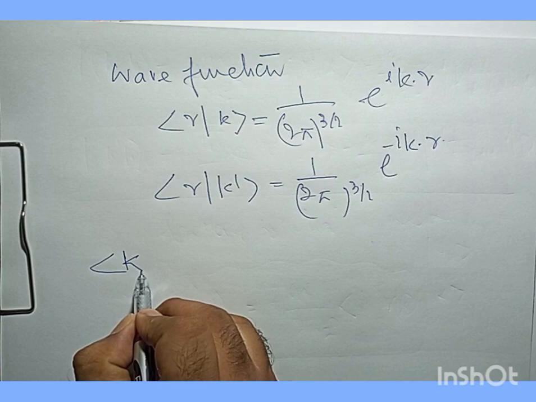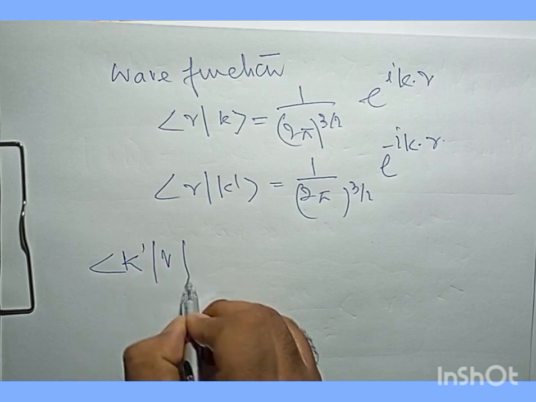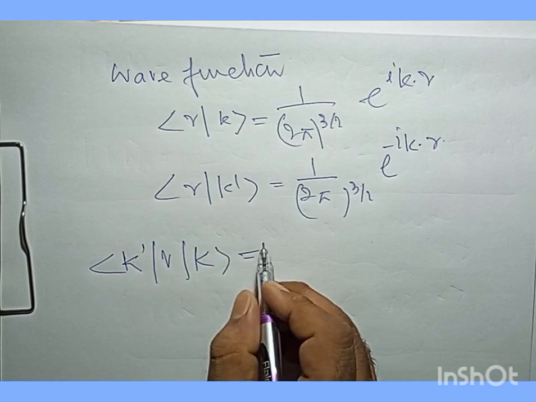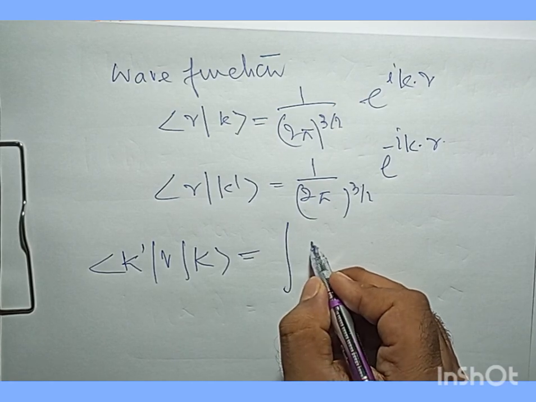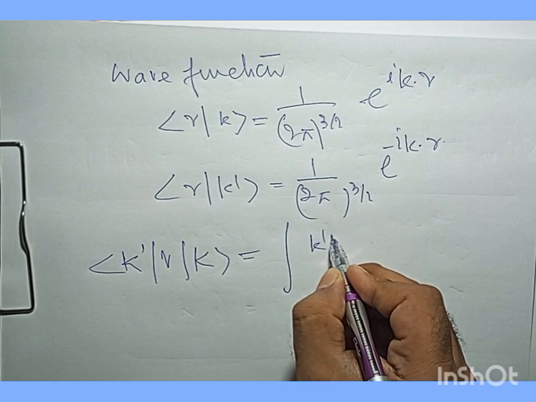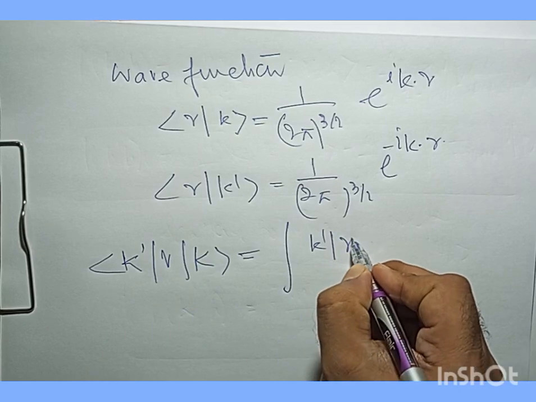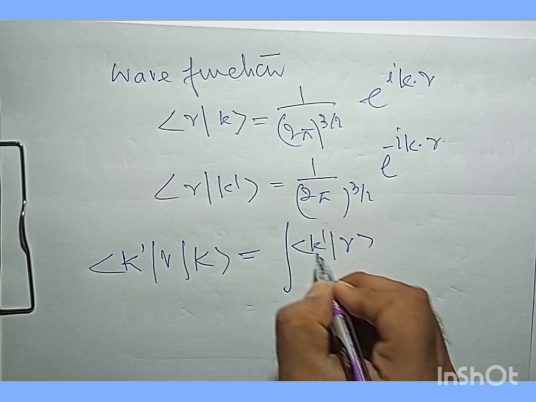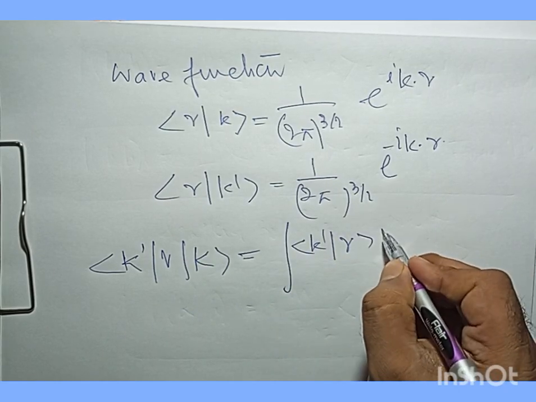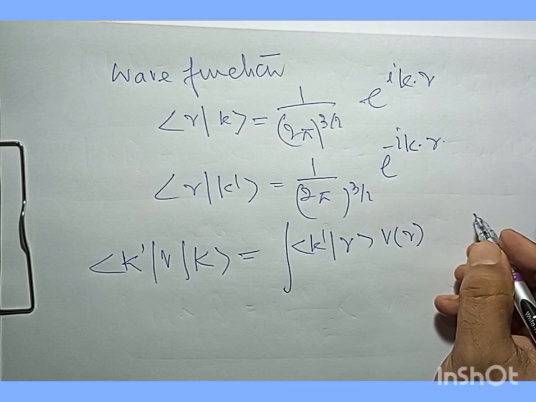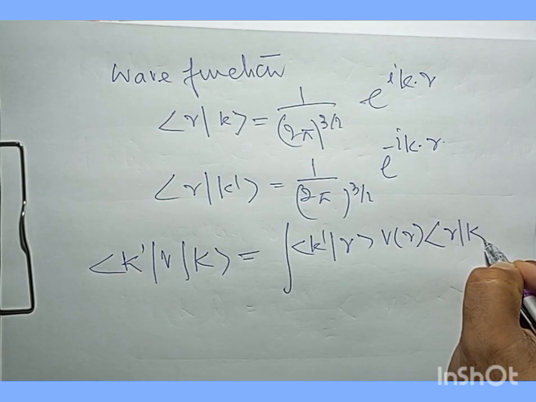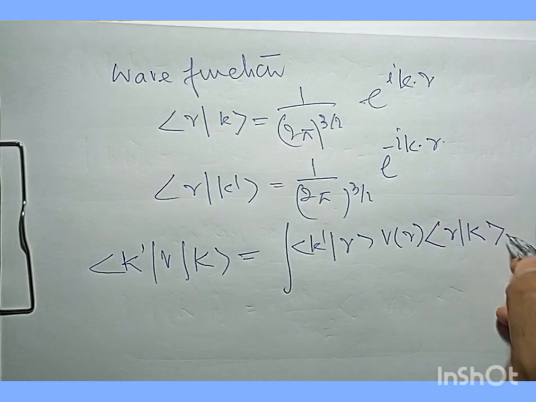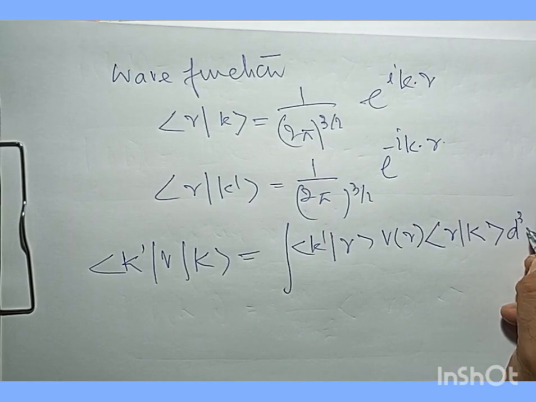Thus, we can write this matrix element as k dash, then v, then k. This is equal to the integral of k dash r, v of r, and r k, d3r.